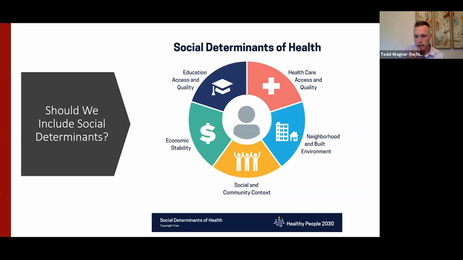And this is the Healthy People 2030 vision of social determinants of health, and thinking about, should we include variables from sort of educational models in our risk adjustment models? Should we include variables from economic stability in our risk adjustment models? It raises a series of interesting and conceptually complicated questions.